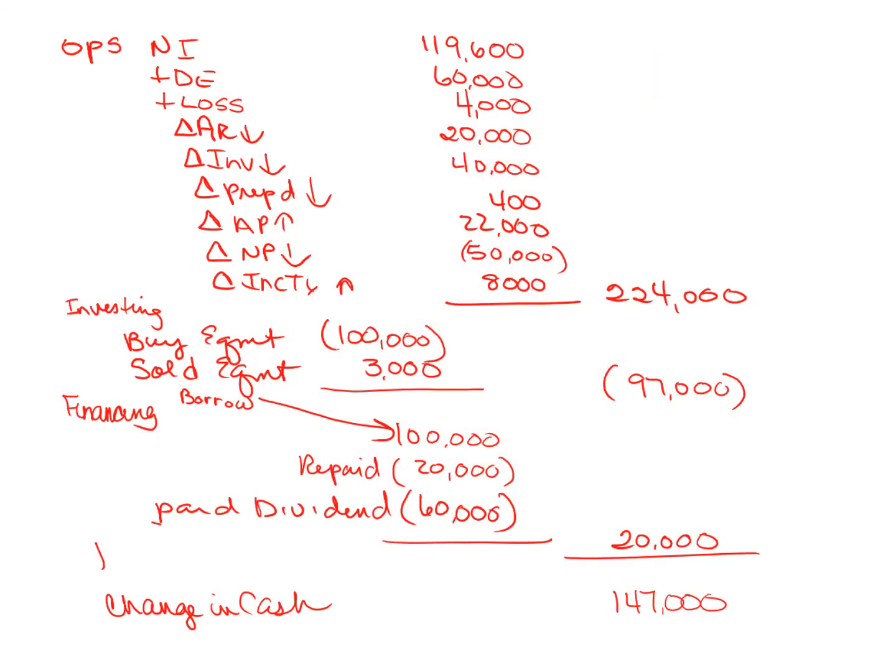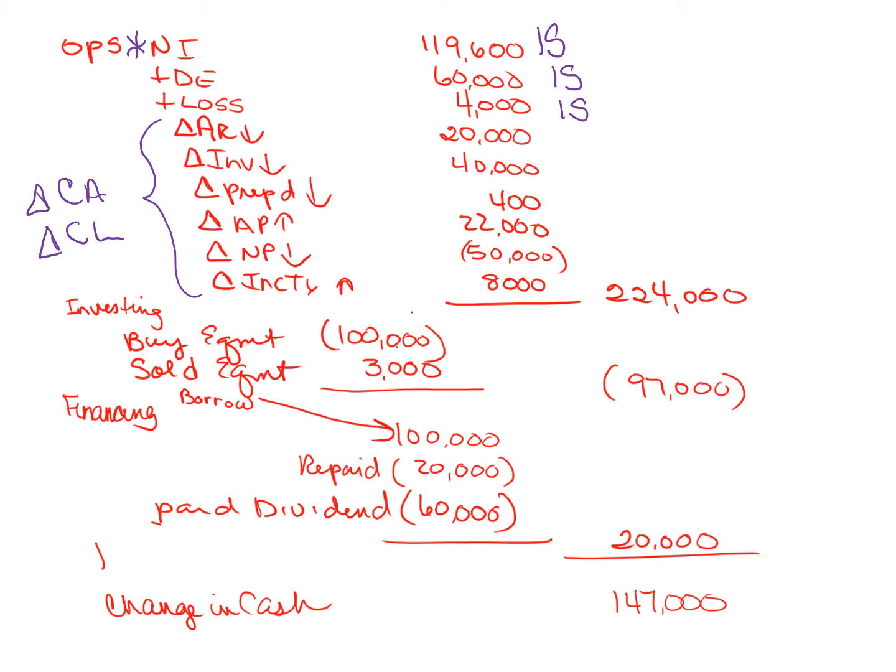So as you see, we start with the net income from the income statement. The depreciation expense was from the income statement, and the loss on the sale was all from the income statement. Then we analyzed our current assets and current liability changes.